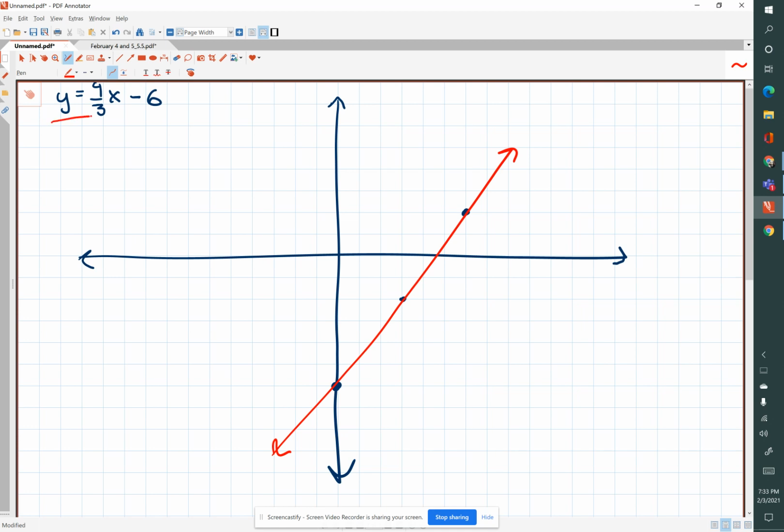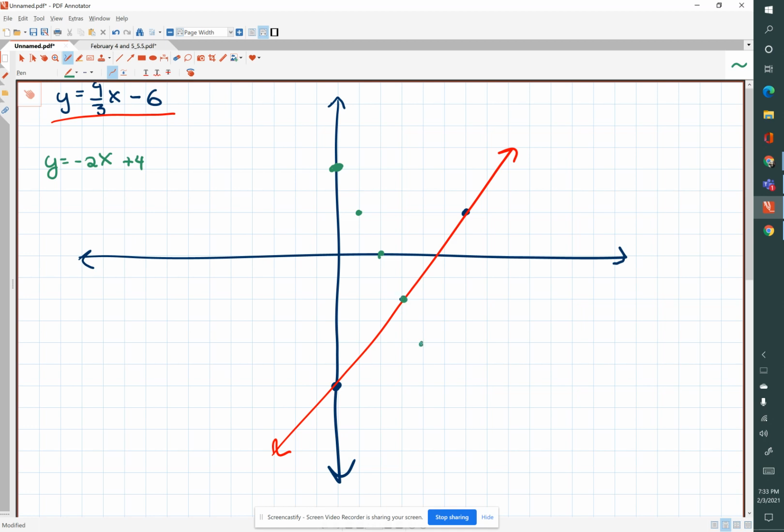And that's for our y equals 4/3 x minus 6. So let's work with green for y equals negative 2x plus 4. Our y-intercept is positive 4, and we have a slope of negative 2. So down 2 over 1, down 2 over 1, down 2 over 1.